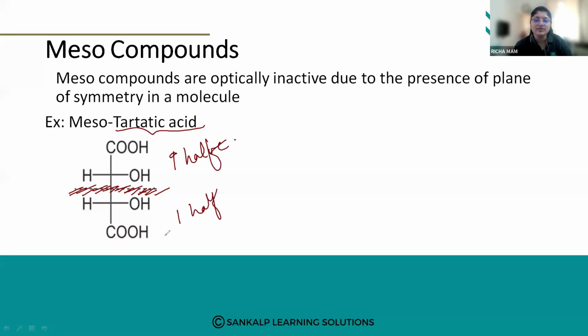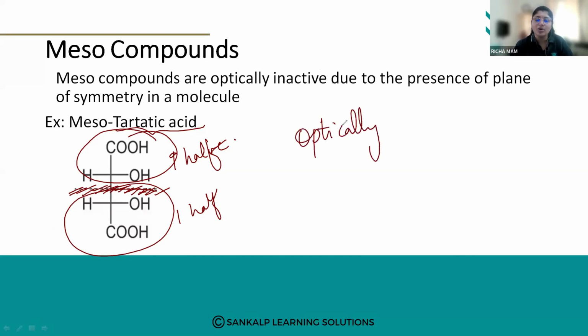So whenever there is a plane of symmetry, it divides the molecule into two halves. And you can see that one half is the mirror image of the other, and thus the molecule is said to be optically inactive.